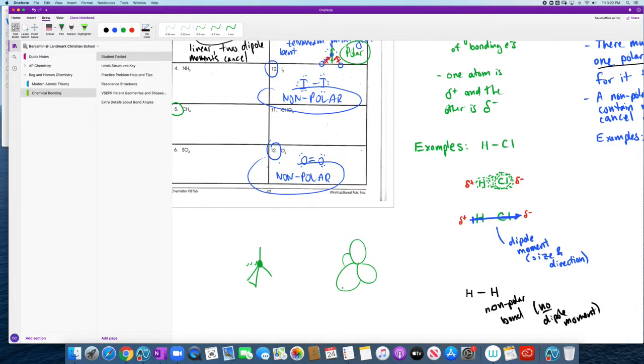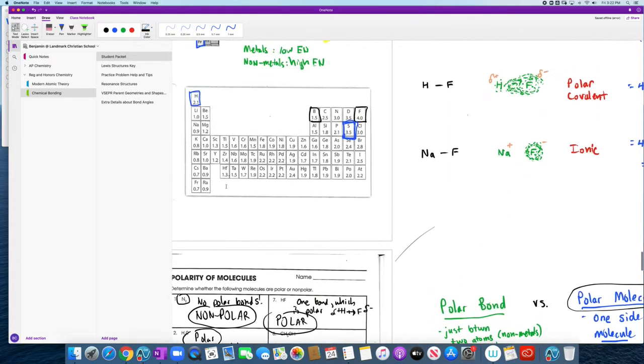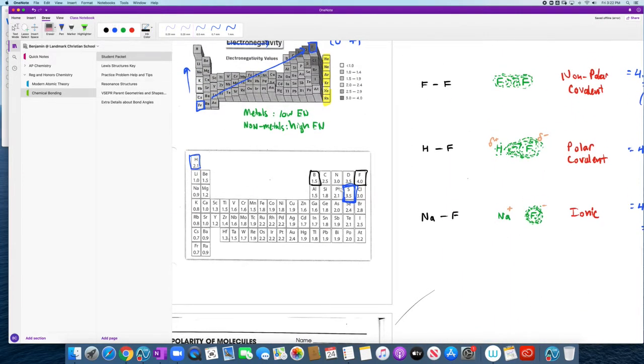Tetrahedral shape. Now, here we're talking about carbon bonded to 4 hydrogen atoms. Each one of these bonds is actually a polar covalent bond. Carbon and hydrogen do not have the same electronegativities. Carbon's is 2.5 and hydrogen's is 2.1.